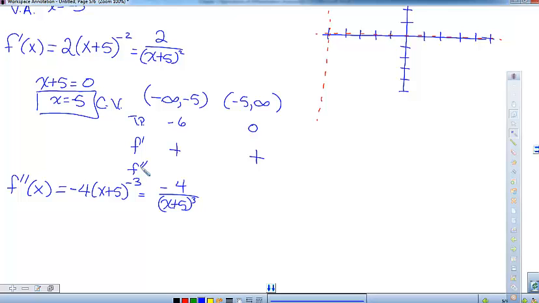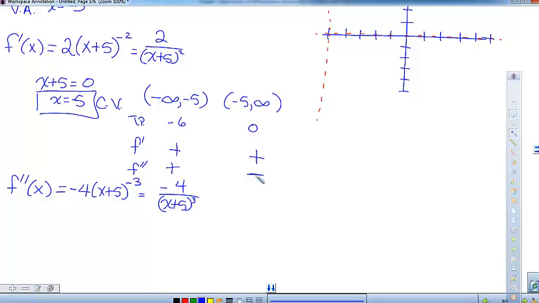In our denominator, it's negative, but we've got a negative in the numerator, so the whole thing is positive. And then when I plug in 0, we're going to get negative. As we see, the function's increasing, the slope is positive, and it's concave up.